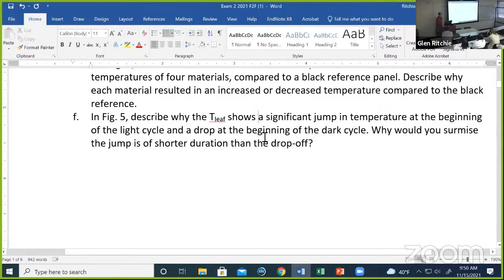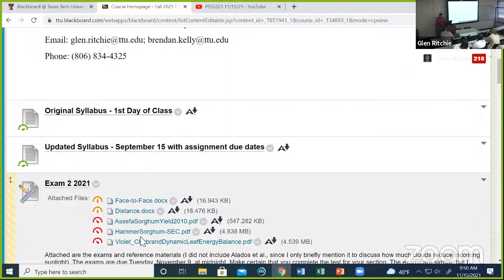Describe why the leaf temperature shows a significant jump in temperature at the beginning of the light cycle, and why is the drop off slower than the increase at the beginning. So why do you anticipate that's the case? Why did we have a substantial jump? Let me see if I can pull that up real quick.